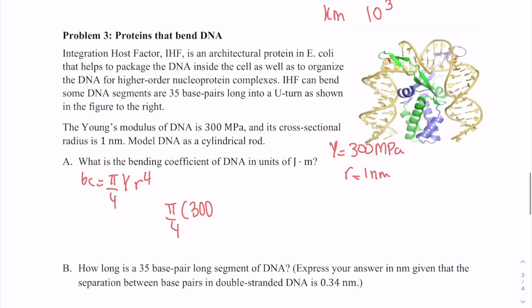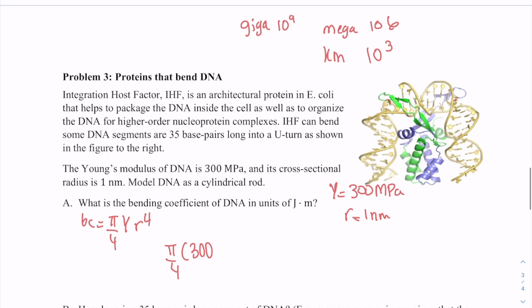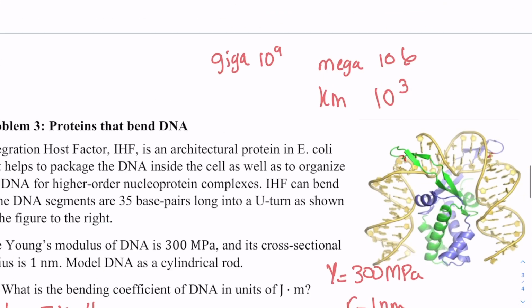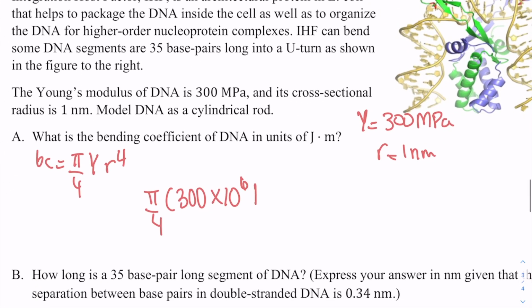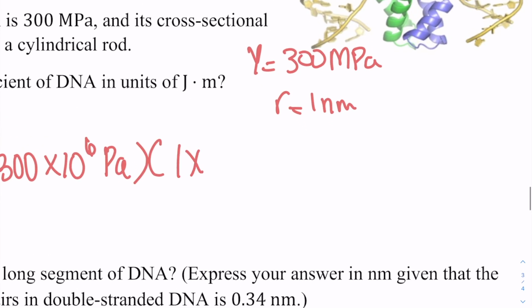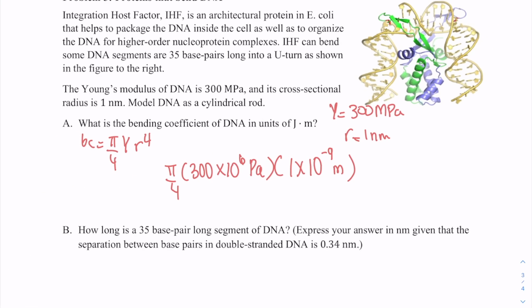Anyway, for our megapascals, we can just multiply 300 times 10 to the 6th pascals, and then times the radius. That was 1 nanometer, so that's 1 times 10 to the negative 9th meters. Deci, centi, milli, micro, nano: 1, 2, 3, 6, 9. Yep. And that's to the 4th. Then that's how we get our bending coefficient.